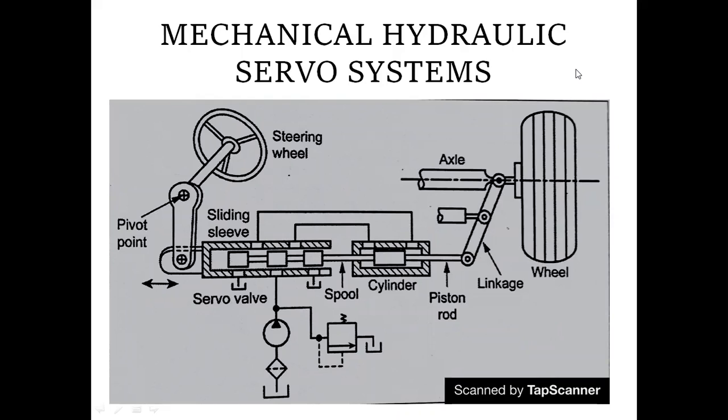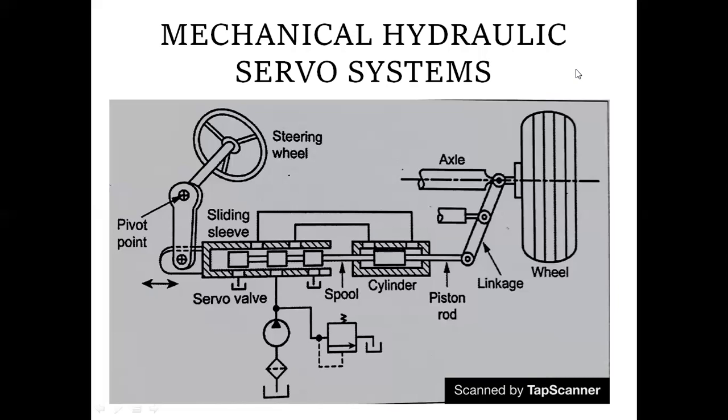Imagine if we are not using a power steering, what happens? For that 45 degrees of rotation, the wheel will turn only a little bit. So it effortlessly reduces the driver's effort. That implies that it is nothing but the mechanical hydraulic system.